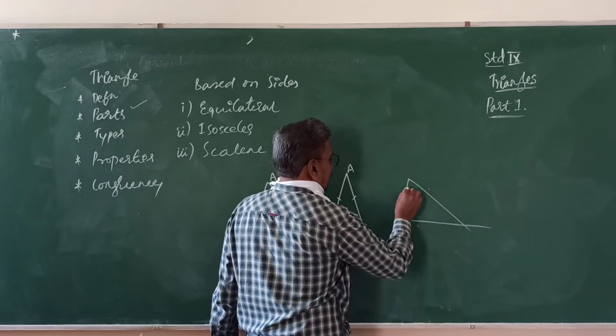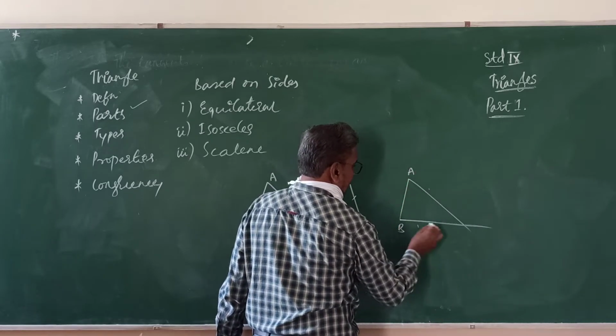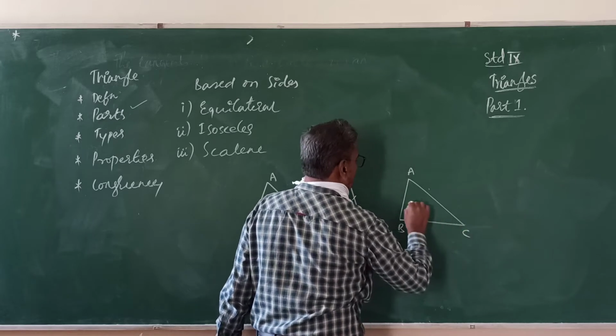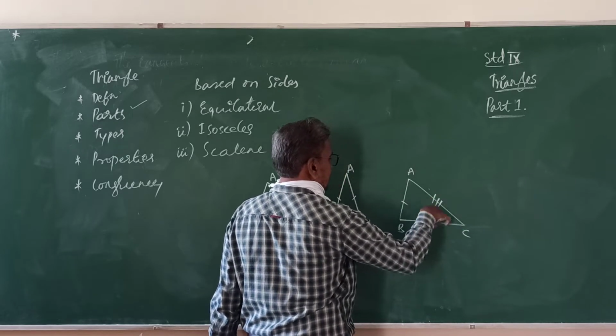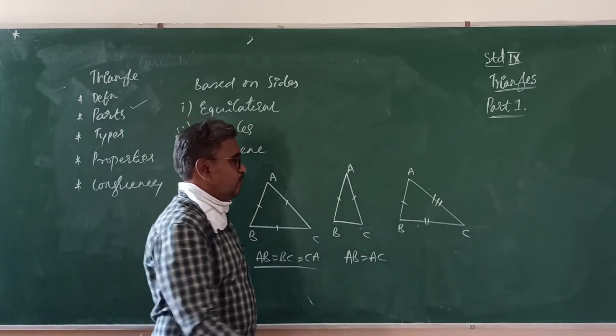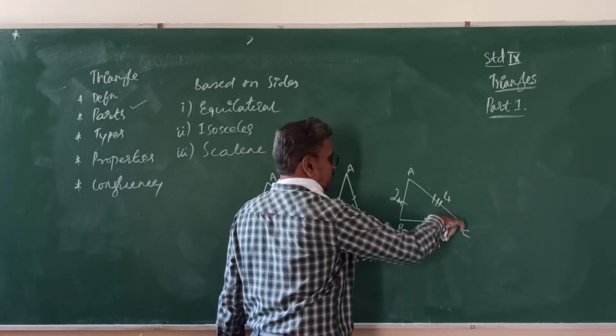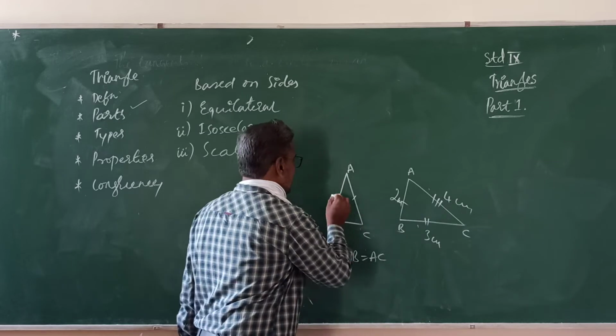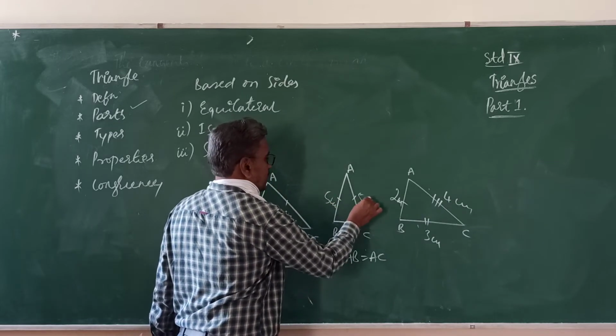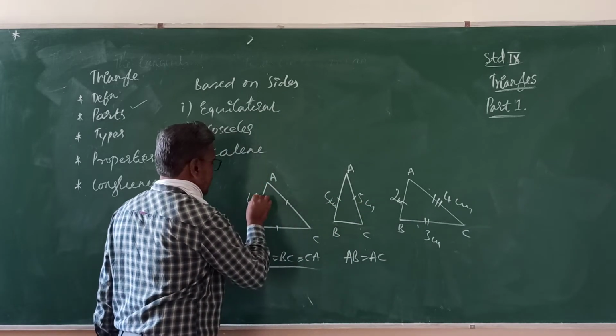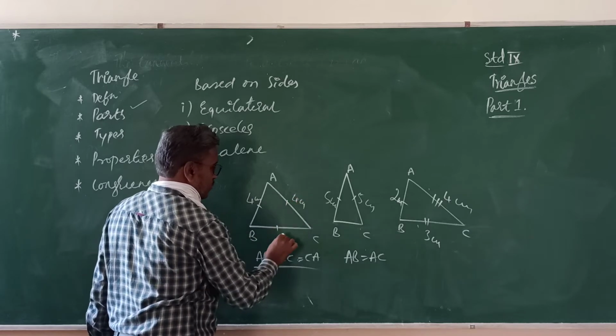ABC is said to be a scalene triangle if all lengths are different. It means this is 2 cm, this 3 cm, this 4 cm, like that. Here it is 5 cm, 5 cm. Here it is 4 cm, 4 cm, 4 cm.